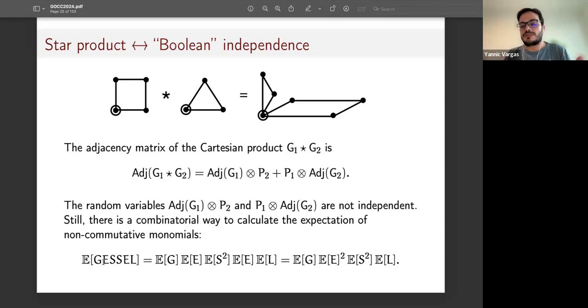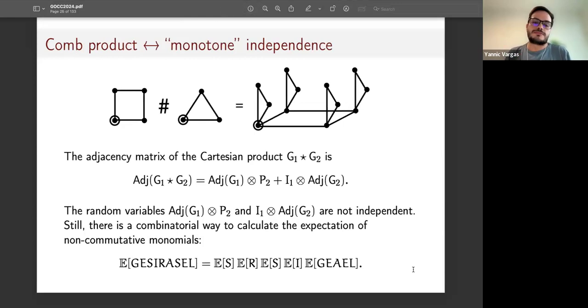So here I will tell you how it goes. For this product, what you can do is split the factors inside the expectation as soon as they are different. So I can split here, I can split here, I cannot split between the two S, and then it leads me to this result. Here I have the expectation of S squared, because it's the best thing I can do in this case.